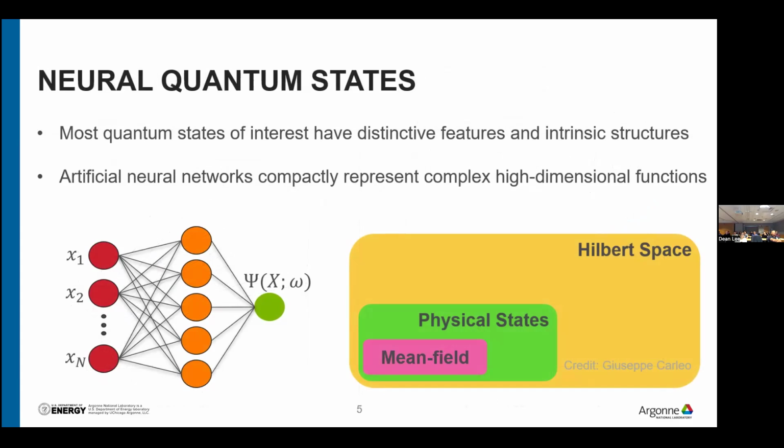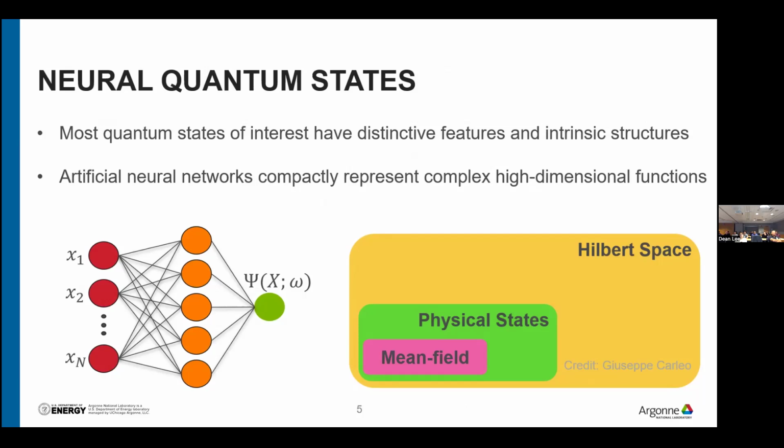The neural quantum states, which is effectively just using some architecture of neural networks to represent the wave function, somehow gets around this by being able to represent very high dimensional functions effectively. So these other methods are exploring maybe the entire Hilbert space essentially, whereas the actual physical states that we care about only occupy some small region of that Hilbert space.